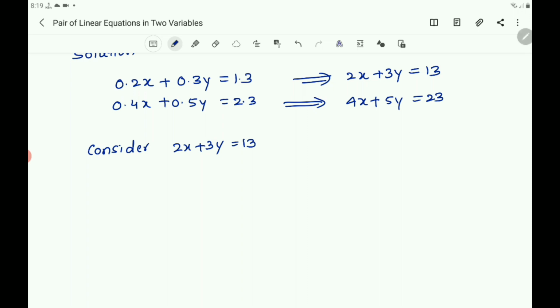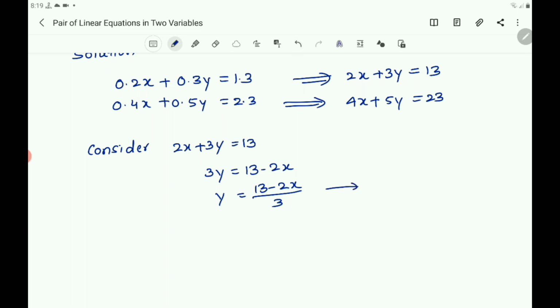Then 3y equals 13 minus 2x, so y equals (13 minus 2x) by 3. Here y is expressed in terms of x. As you got 3y, you must transfer 3 to the RHS, so y equals (13 minus 2x) divided by 3.